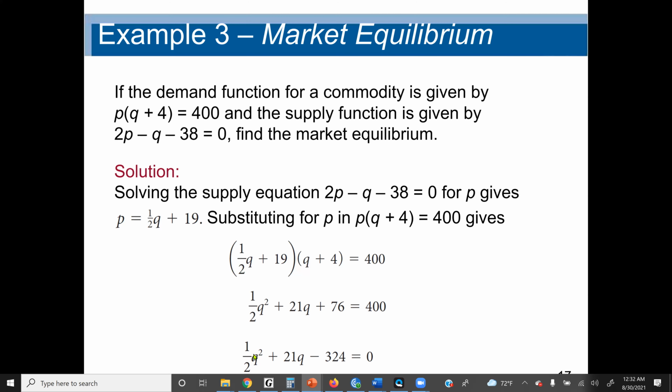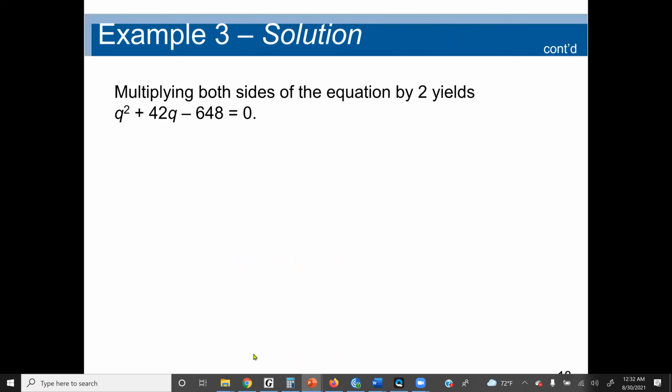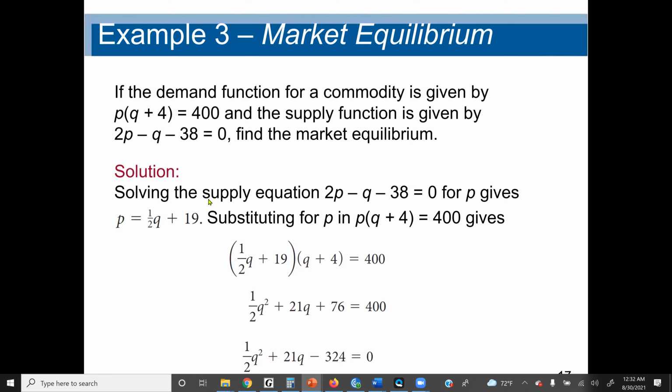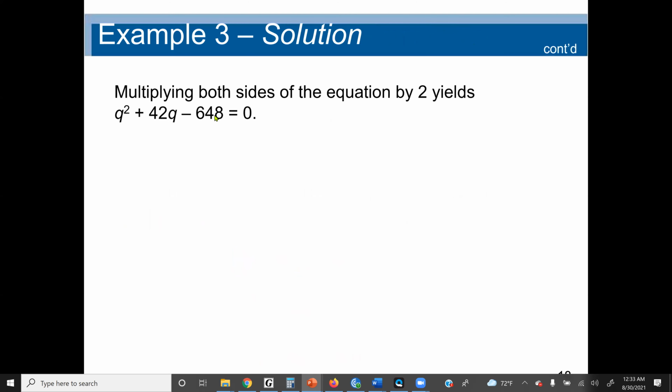So multiply the whole equation by 2. Half times 2 will give me Q squared. 2 times 21 will give me 42. 2 times minus 324 will give me minus 648. So that's what we have here.